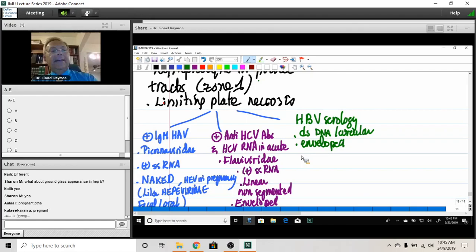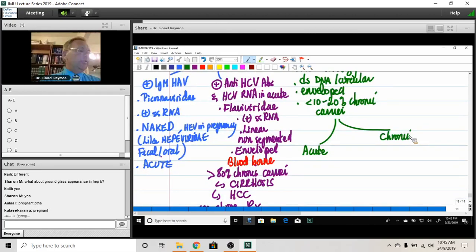versus chronic. In the acute hepatitis B, then you should be able to find some of the viral protein, so the surface antigen we're going to find, right? We're going to find the core antigen, and then another antigen, which is HBe antigen.